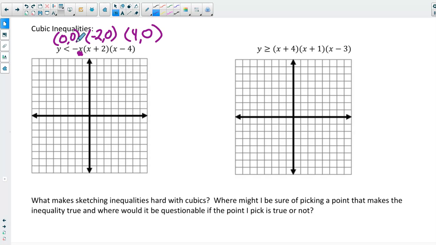Are they bounces or crosses? Crosses. So remember, the bounce comes if this is squared, but none of them are squared. So it's going to be cuts through each time. So I got 3 dots here. Positive or negative cubic?